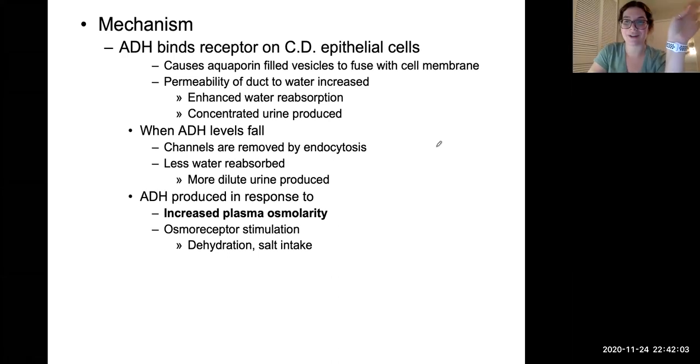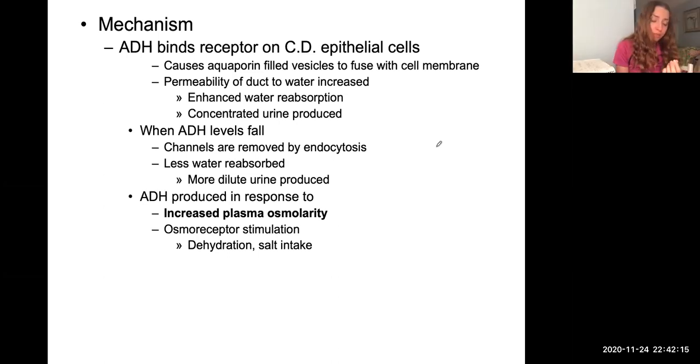ADH. I was thinking either ADH or aldosterone, but aldosterone is salt and water retention. Yes, you're correct.